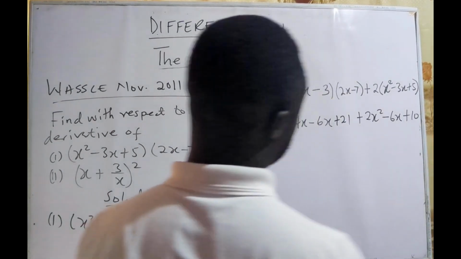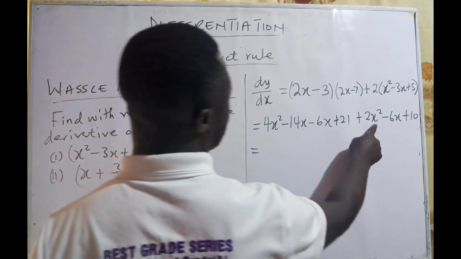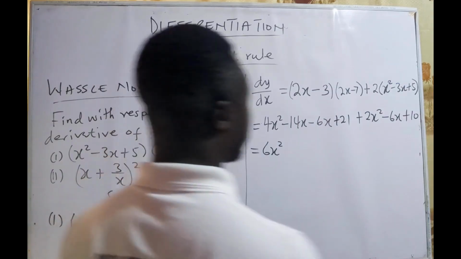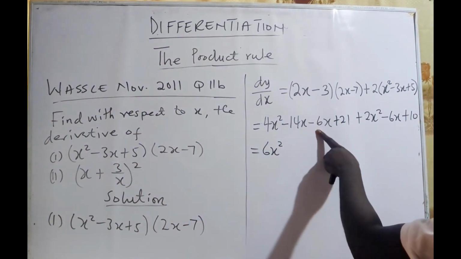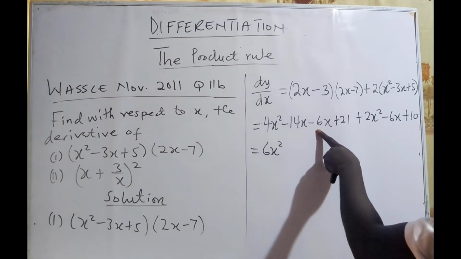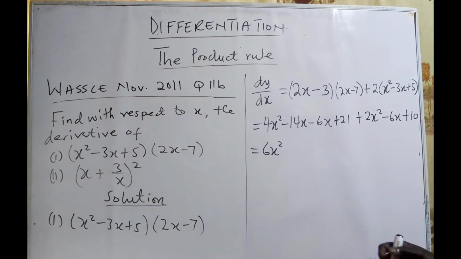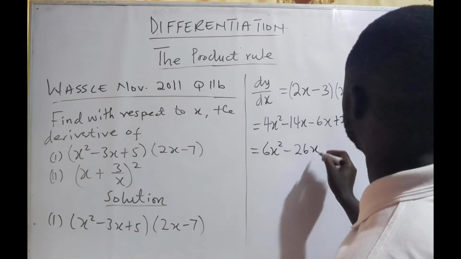So let me see if I can add some items. 4s squared plus 2s squared will give me 6s squared. Then minus 14s minus 6s will give me minus 20s. Minus 6s will give me minus 26s.